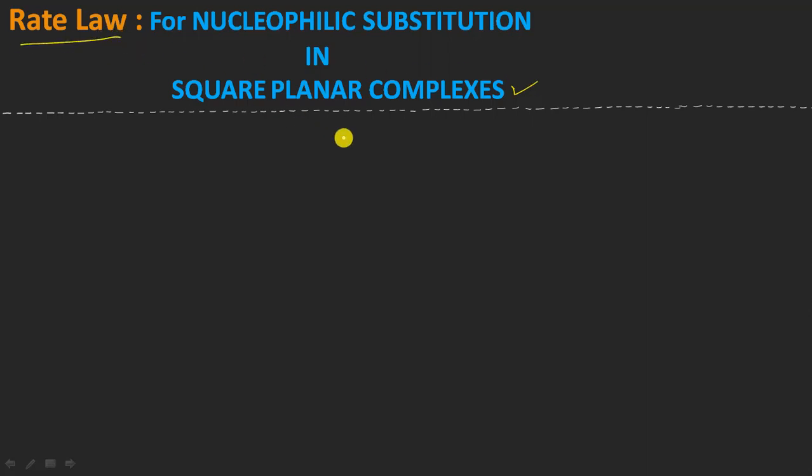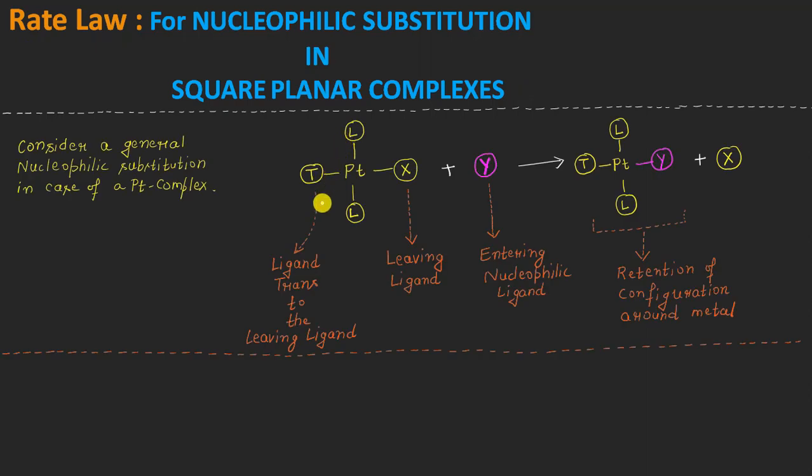For that we can consider this type of general nucleophilic substitution reaction in case of the platinum complexes, right? So you can see here we have a starting square planar complex of platinum in which two normal ligands are present, which I am denoting by L and L here on this side.